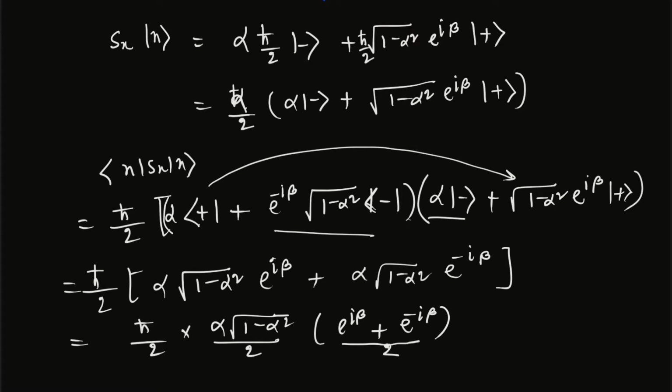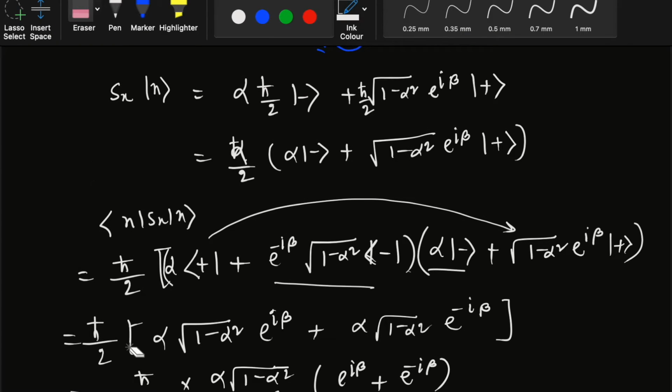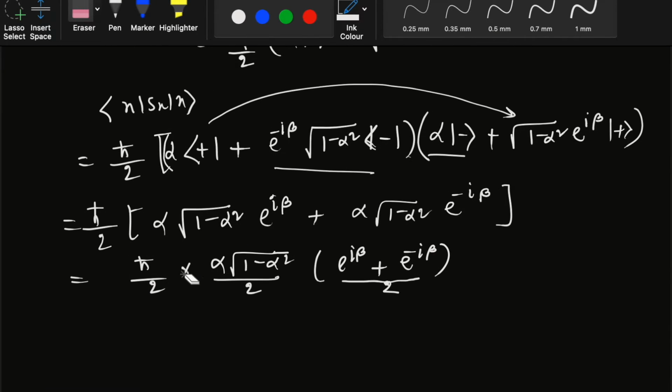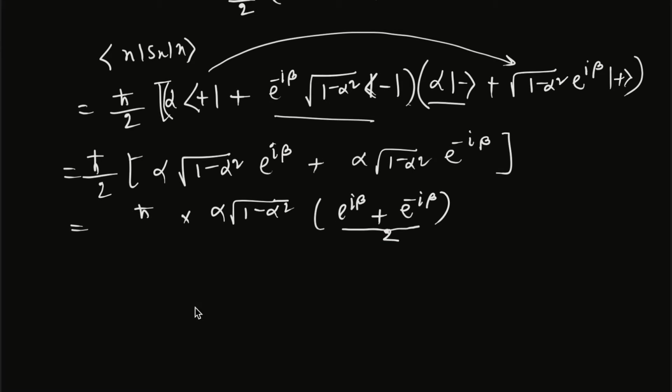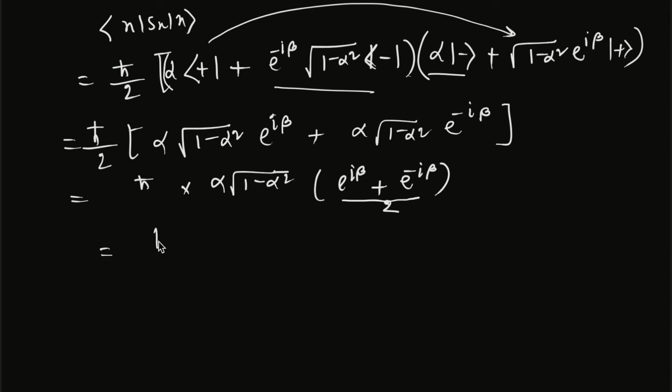Here we take these two, so there will be no 2. So this is h cut alpha root of (1 minus alpha squared) cos beta.